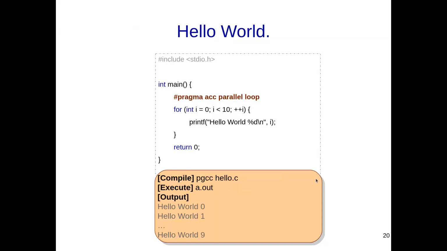So your file name need not be OpenACC or something. You can just have .c as the file, and that compiles. And if the compilation is successful, then I get a default file a.out, which I can execute, and I get the output hello world 0 to 9 exactly the way I was expecting it to be. Okay. Any questions so far on this basic hello world program?